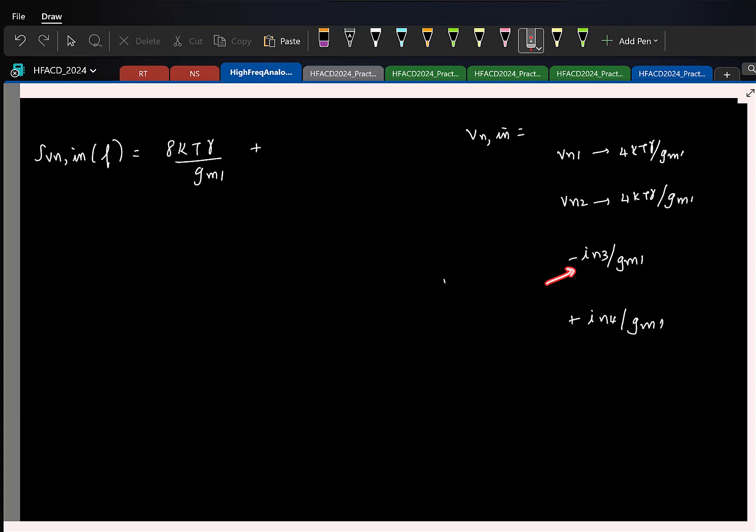What is the power spectral density of this one? 4 kT gamma GM3 is the current power spectral density, divided by GM1 square. For this one also it's the same. M3 and M4 are identical, so this is just multiplied by 2. I am directly adding all the power spectral densities because each of these noise sources is uncorrelated. Let me just remind you of that once.